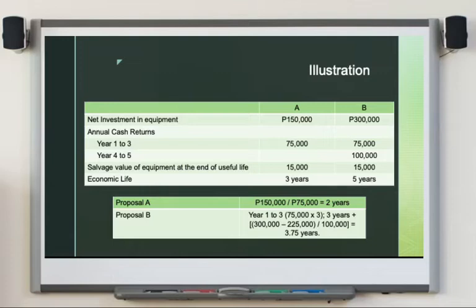Therefore, the total payback period for proposal B is 3 years and 75% of a year. If you want to be exact on the number of months, you simply multiply 75% by 12 months and you will get 9 months. So that is equivalent to 3 years and 9 months.